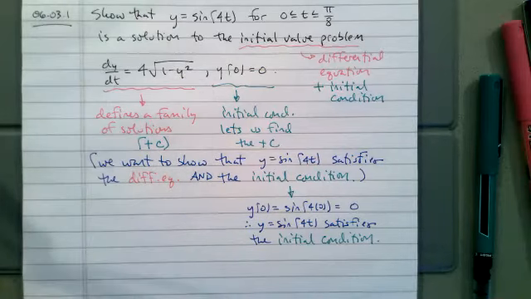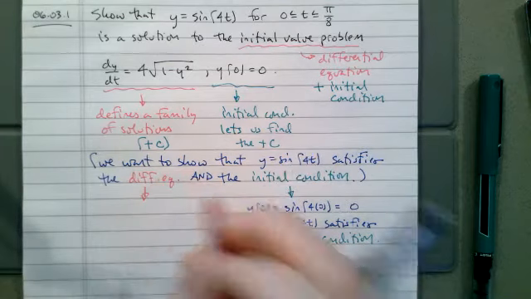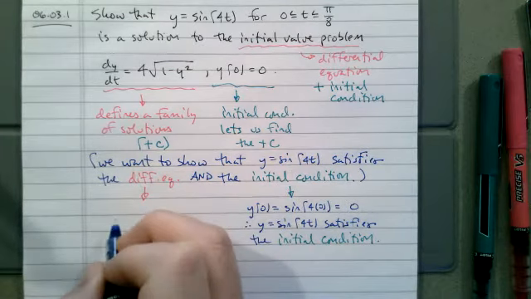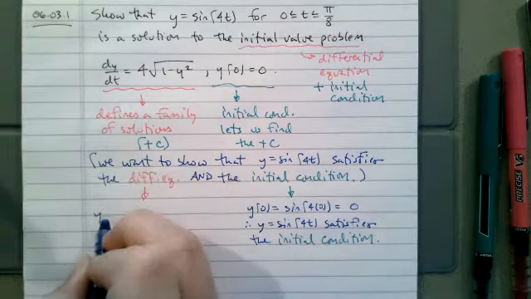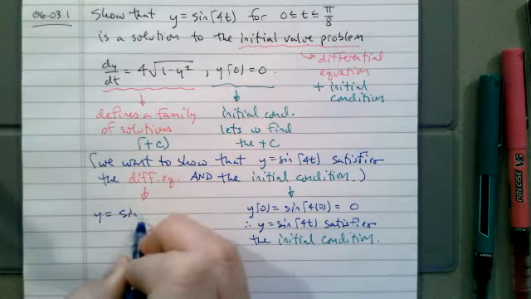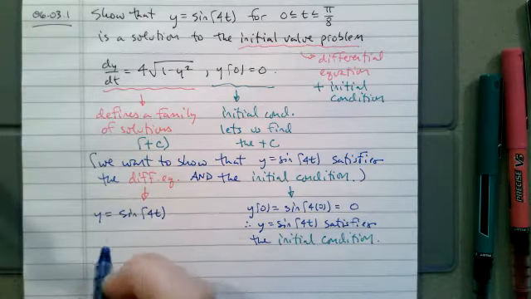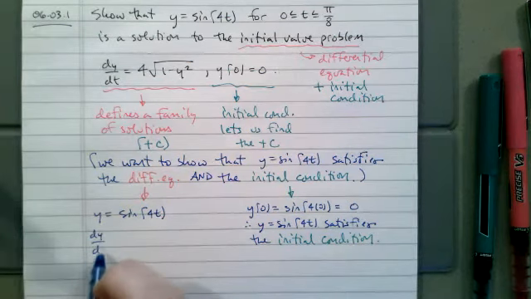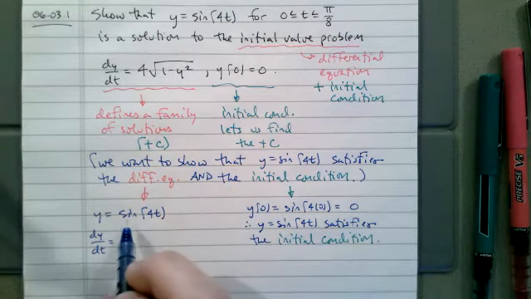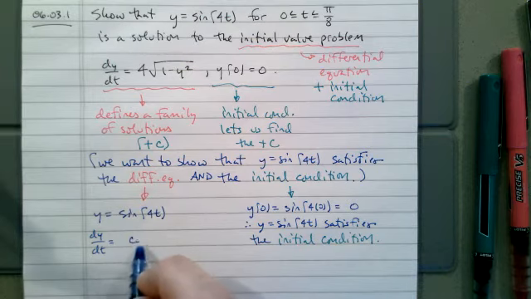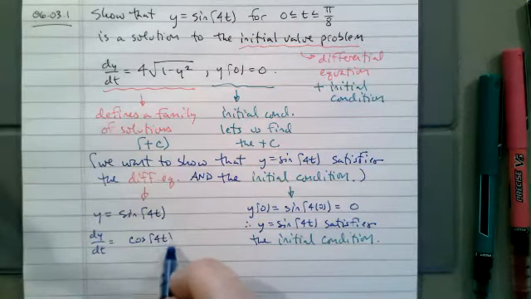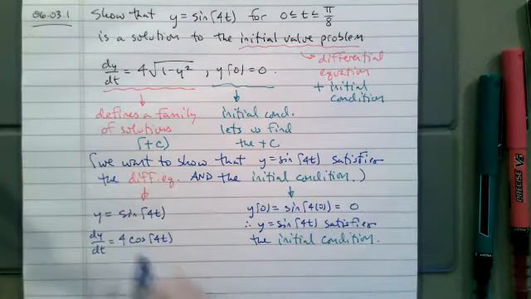Let's figure out what dy/dt is. If y equals sine of 4t, then dy/dt is the derivative of sine of something, which is cosine of that thing, times the derivative of the inside, so 4 cosine of 4t.